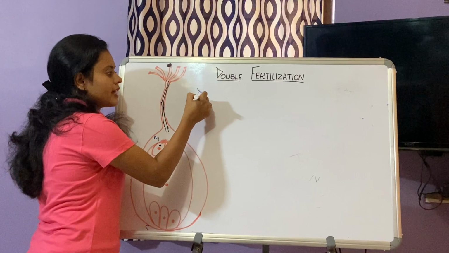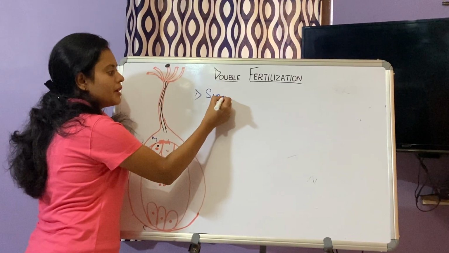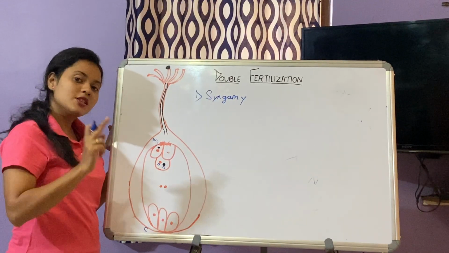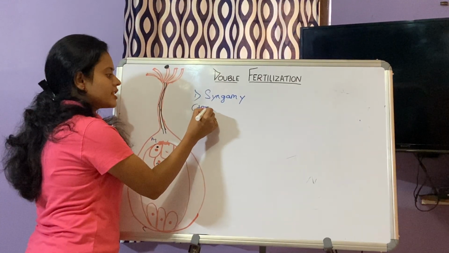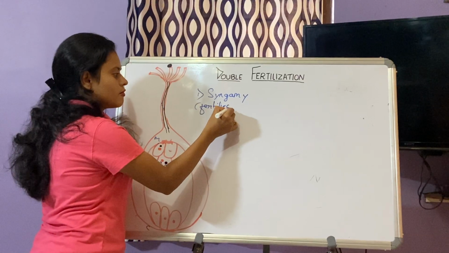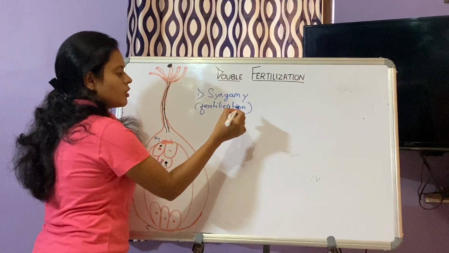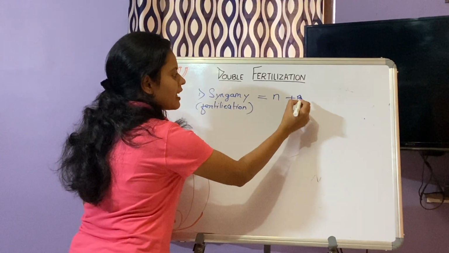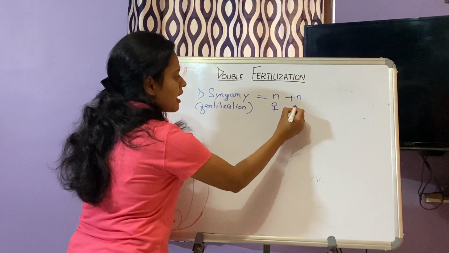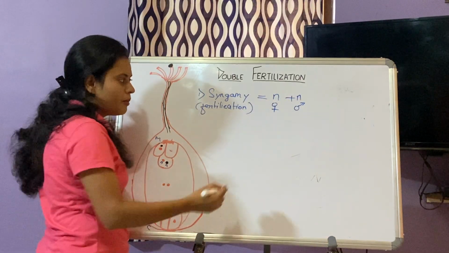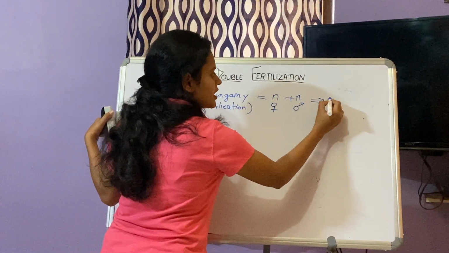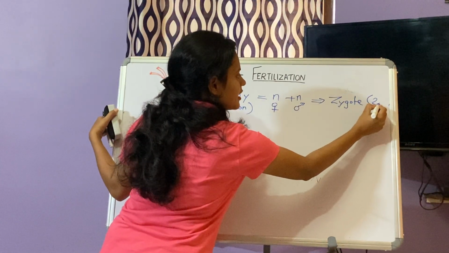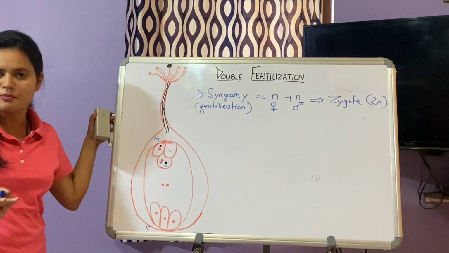Syngamy is also called fertilization. It is male gamete plus female gamete resulting in the formation of a diploid zygote. The first fusion has taken place.